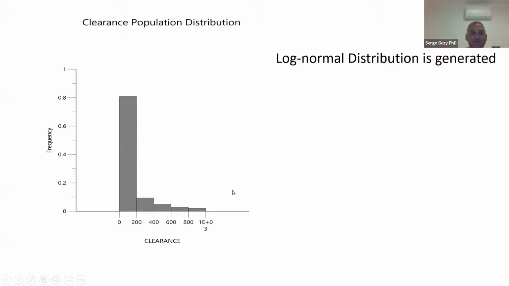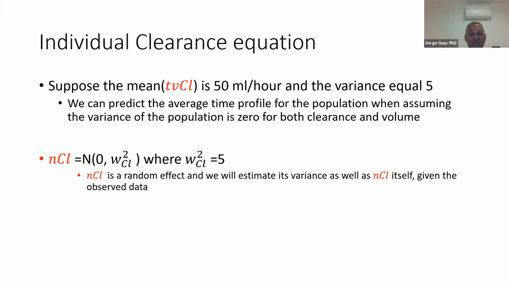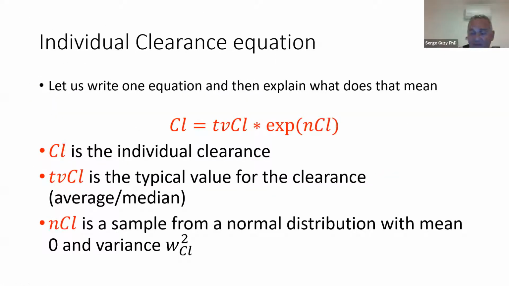Now you should ask me, why did I use the exponent? The exponent is to make sure that the clearance, which is a PK parameter, will always stay positive.